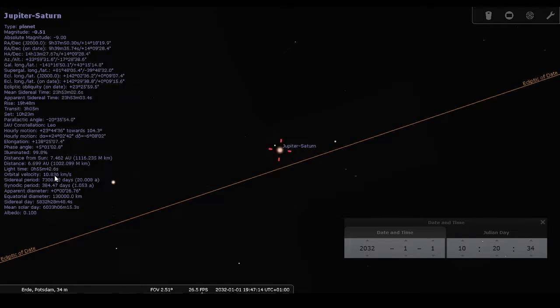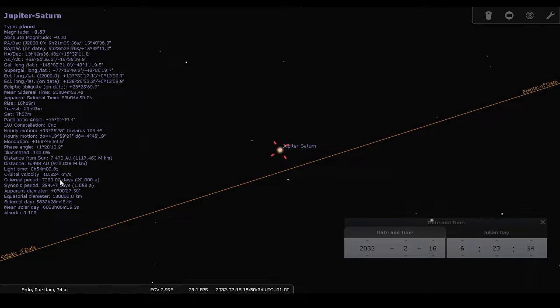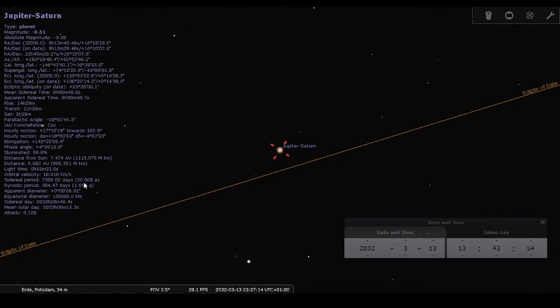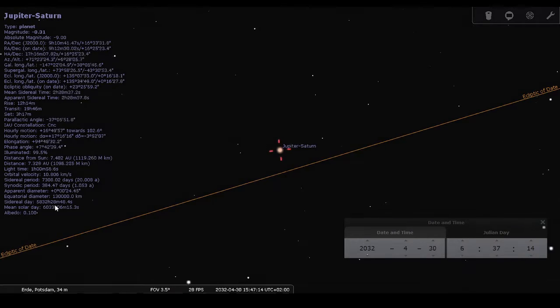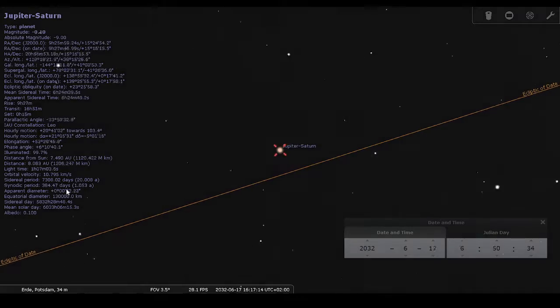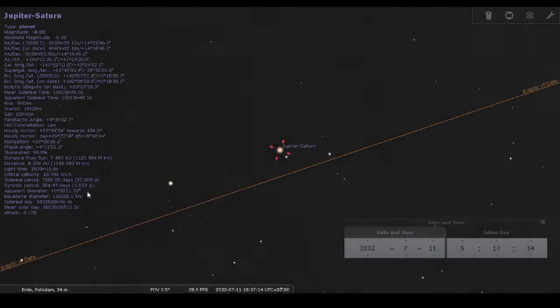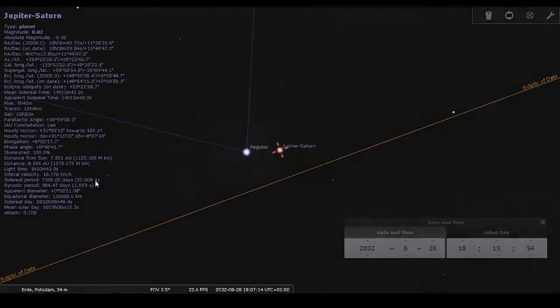And the orbital velocity is also decreasing if you're going more and more out, and the sidereal period is 20 years compared to 12 years of Jupiter and a bit more than 29 years of Saturn. And the synodic period is getting closer to 1 year.